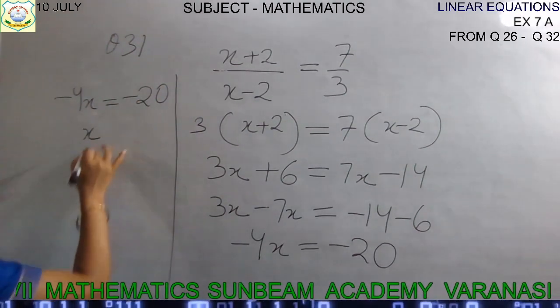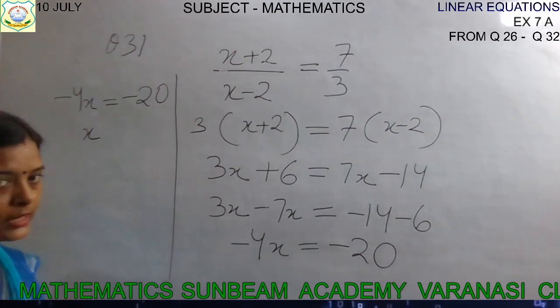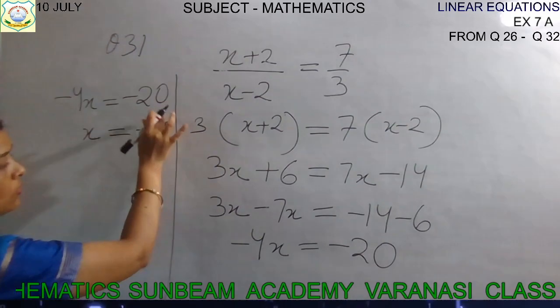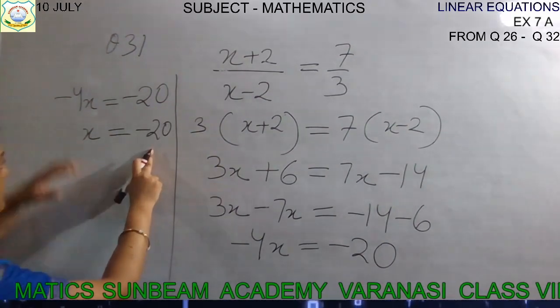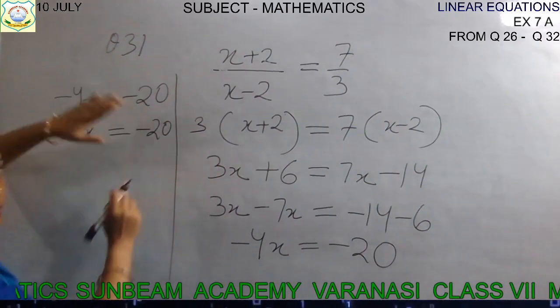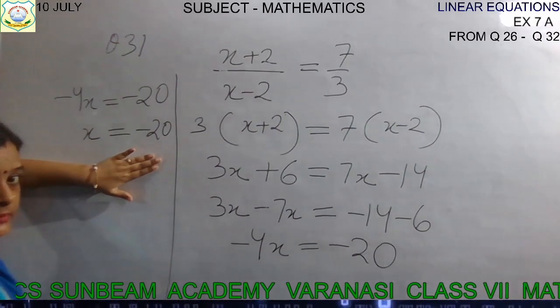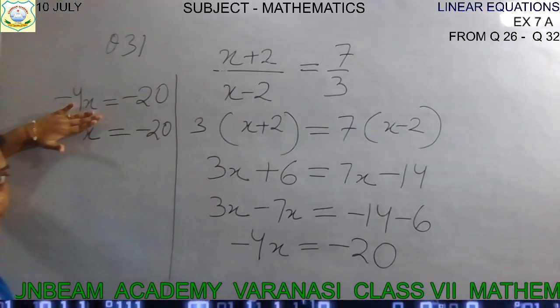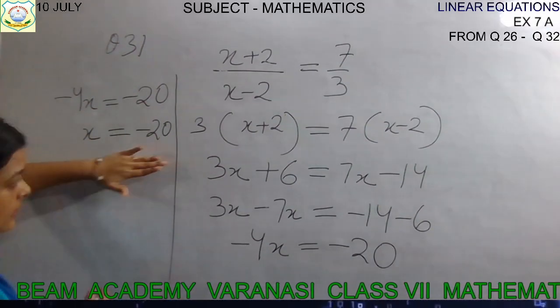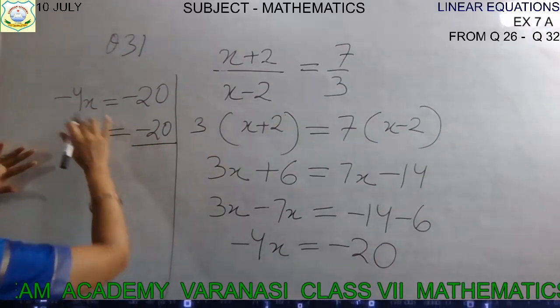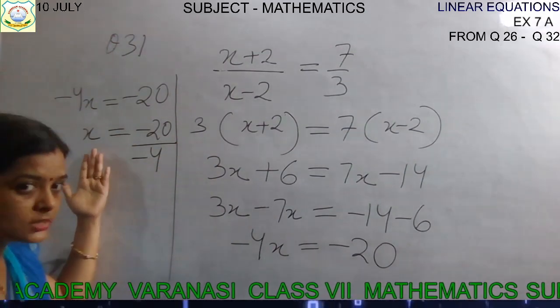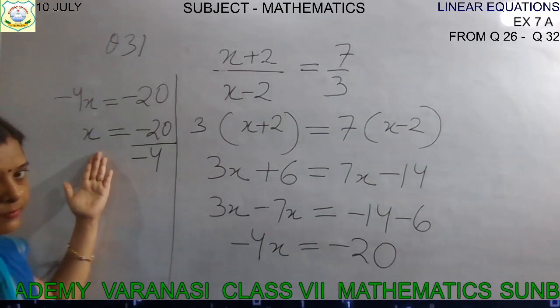Okay, last step. Now we have to find the value of x. So keep x on that side only. Minus 20 is already on the RHS side. When this minus 4 will transpose to the right hand side, this is in multiplication, 4 will go for division, and along with its sign, children, because we have to find the positive variable value.